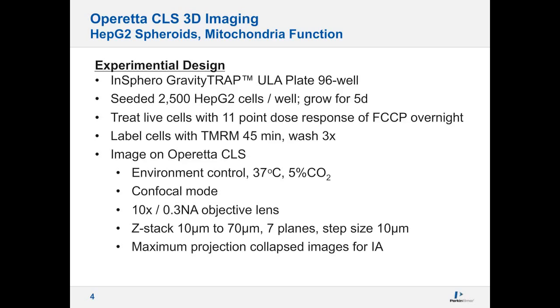We ran it in confocal mode with environmental control at 37 degrees and 5% CO2, and collected a Z-stack of approximately 7 planes, each about 10 microns apart. A maximum projection collapsed image was then formed, and we used the Harmony software for image analysis.